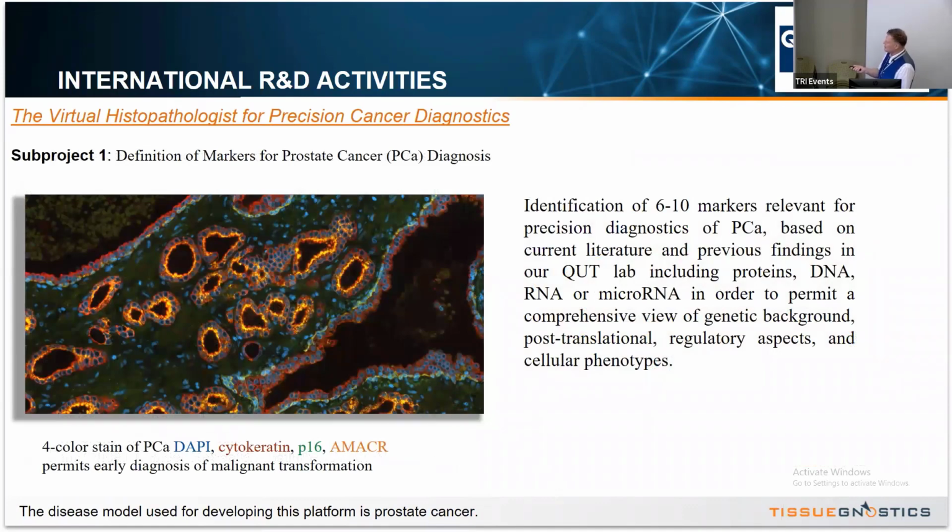One is that we are working on a multiplexing staining technology. Nowadays it's very important that we offer solutions to look at multiple markers. For a phenotypic characterization in the context of spatial biology, we need to apply many markers on the same sample to properly characterize cell types and their interactions.